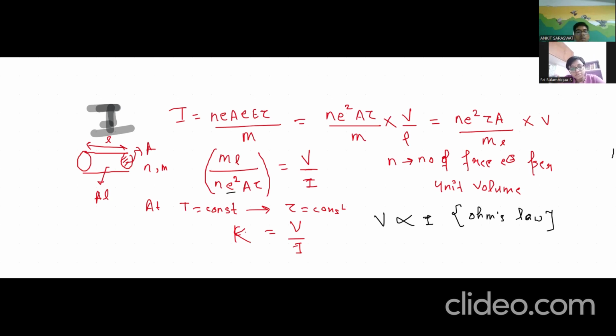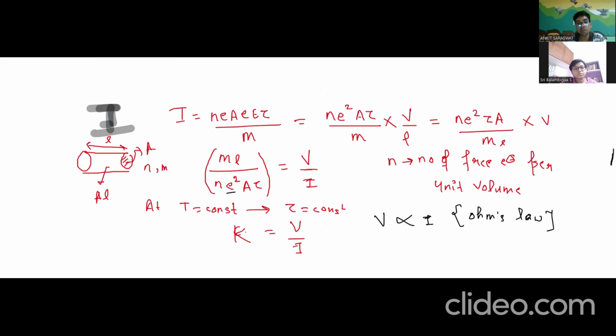Okay. I'm saying, what is small e? Is it the value of the electron's charge, sir? Okay. What is small L? L is the length of the conductor. Okay, it means you are understanding. So this is K, and V proportional to I is Ohm's law. Clear? Now remember, this is m L by n e square A tau.